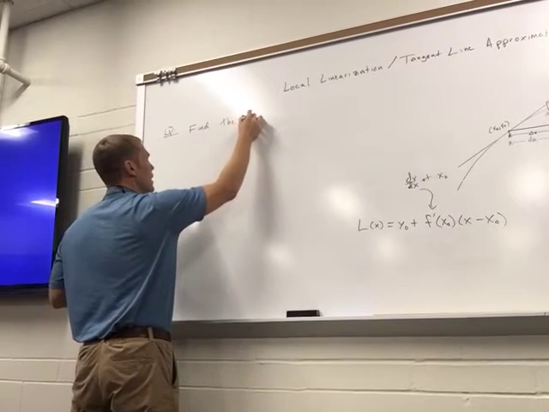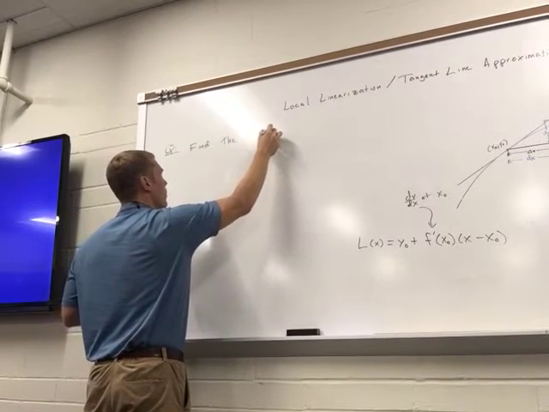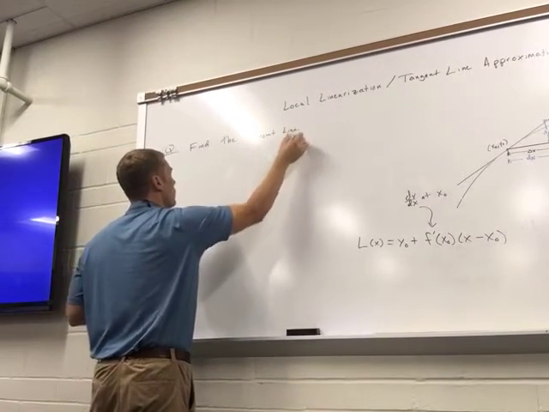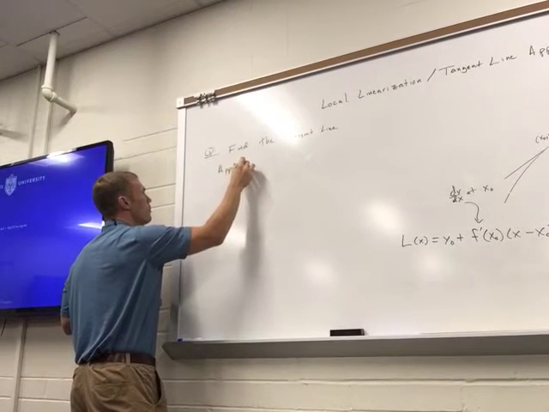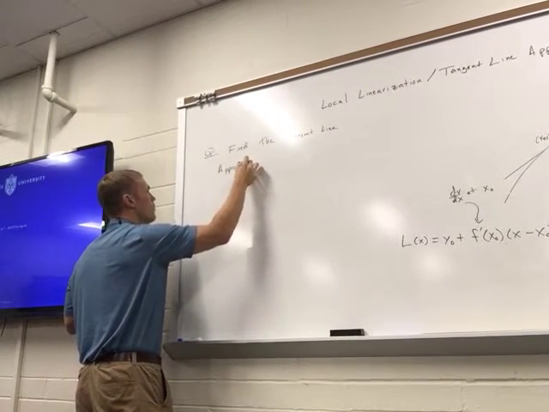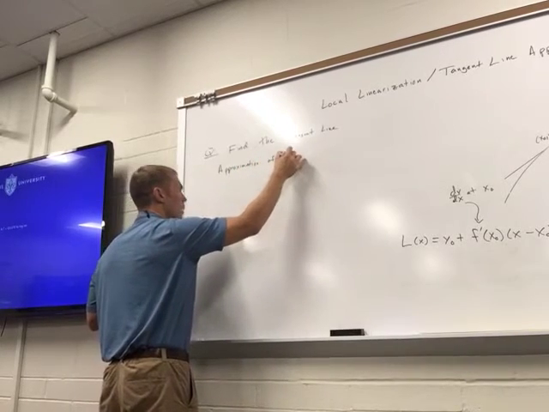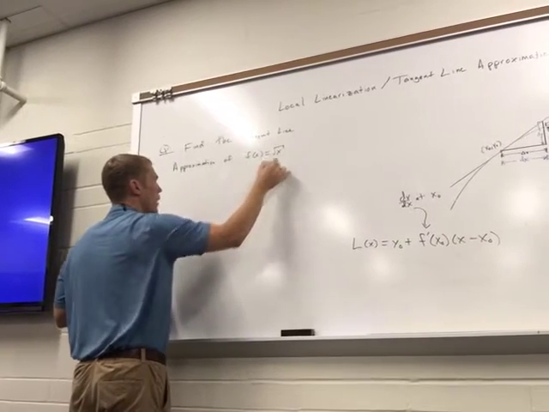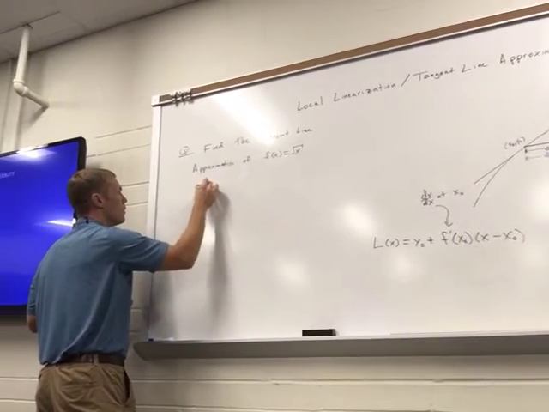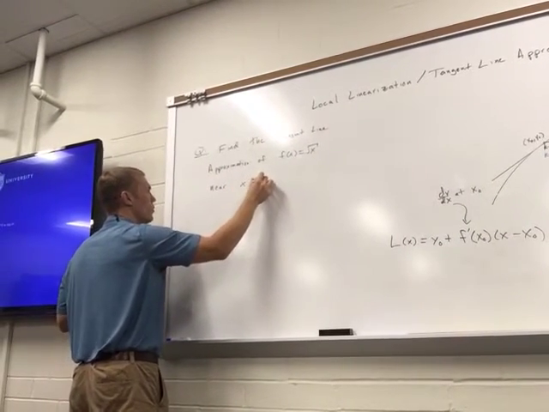So find the tangent line approximation of f of x equals the square root of x near x equals 4.